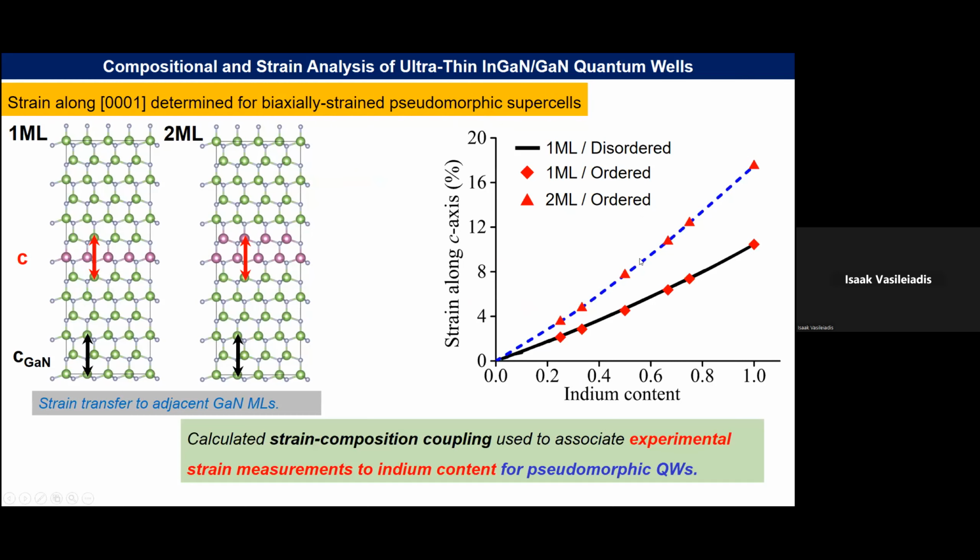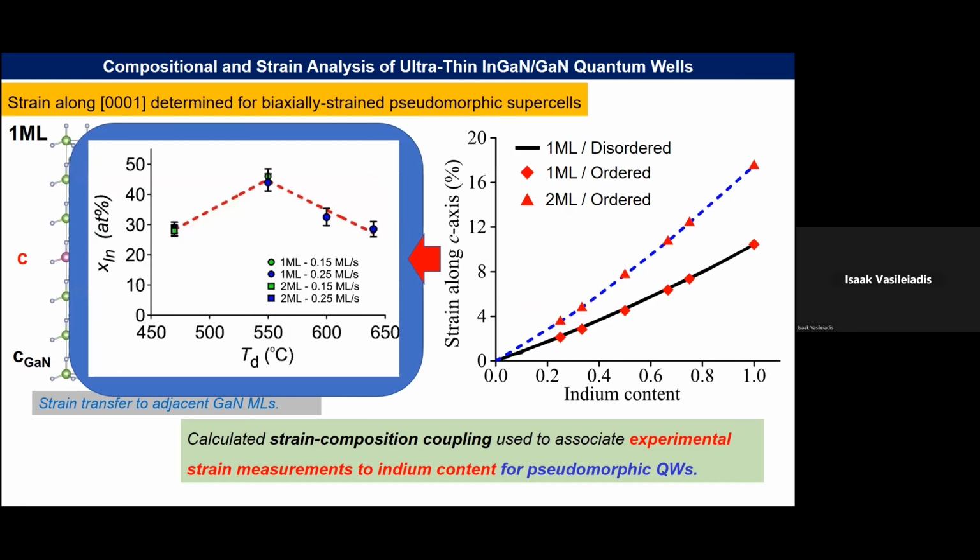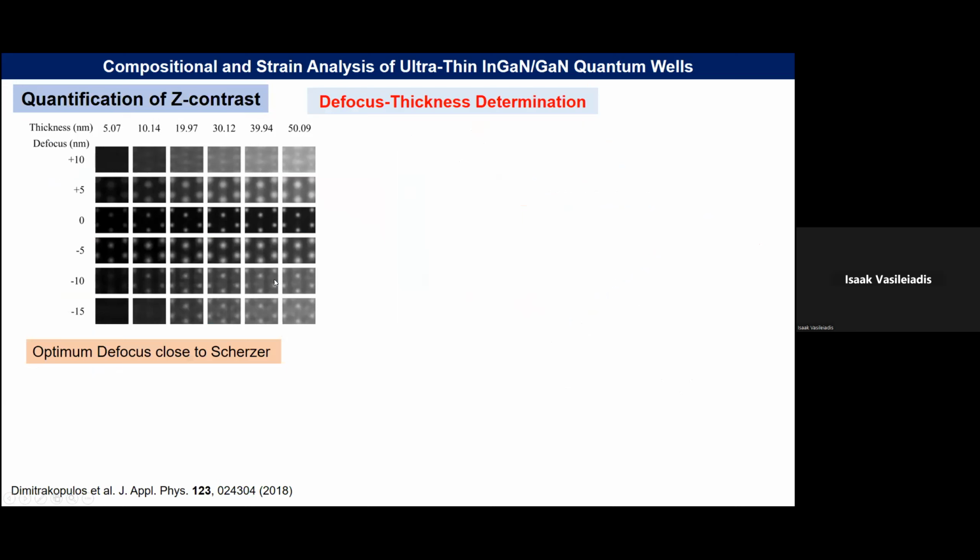So this is the proper way to perform such analysis in the cases of ultra-thin quantum wells. Having now these curves, we can translate the previous strain data, the experimental strain values, to compositional values, but by considering only the thickness of the quantum well in each case.